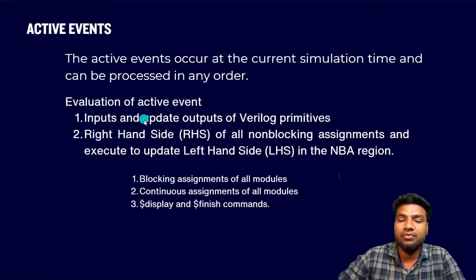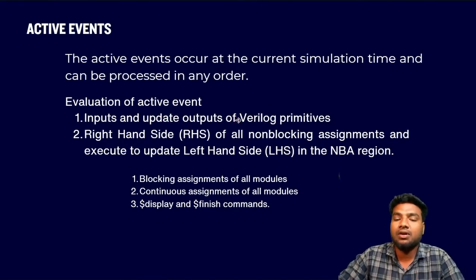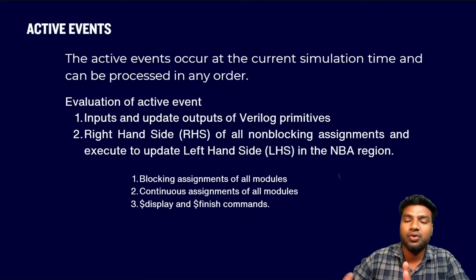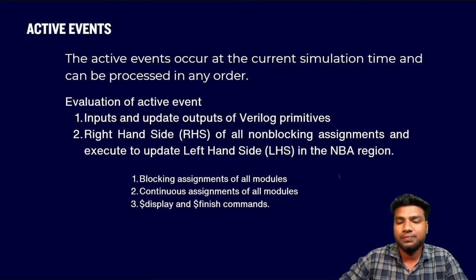If you are using a blocking assignment, as I already said, in the active region it will assign the RHS to the LHS. So RHS to LHS if you are using the blocking assignments in the active region. So the computation of the RHS and left hand side is taken over by the active region. If you are using blocking, it will immediately assign to LHS. If you are using the non-blocking assignments, it will update at the NBA region.